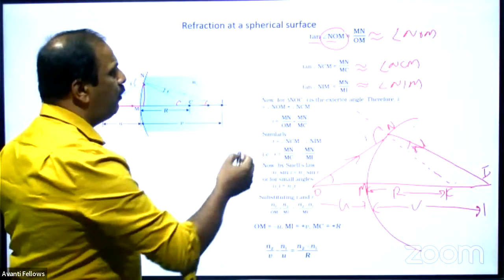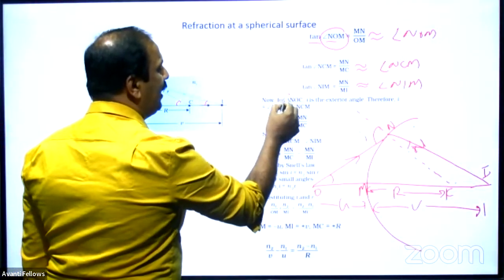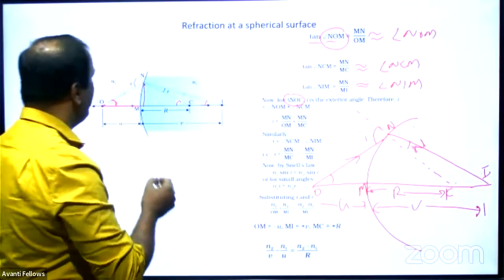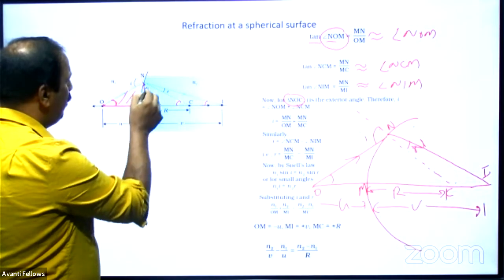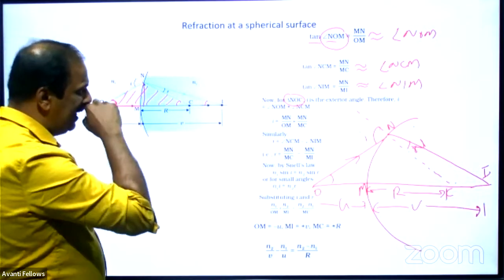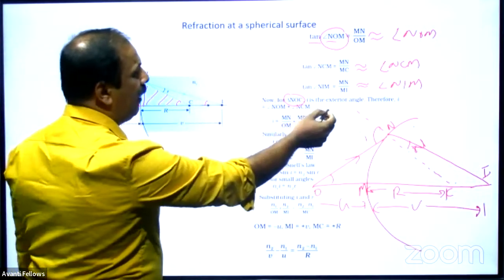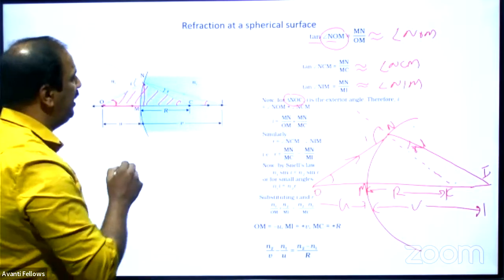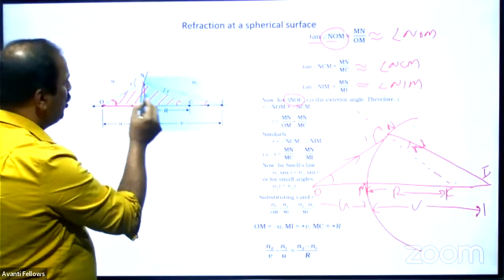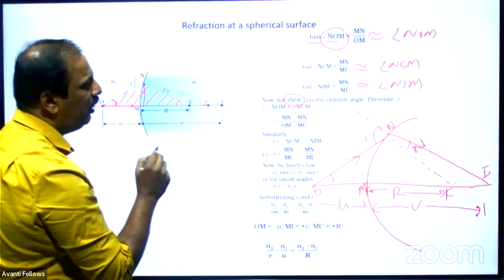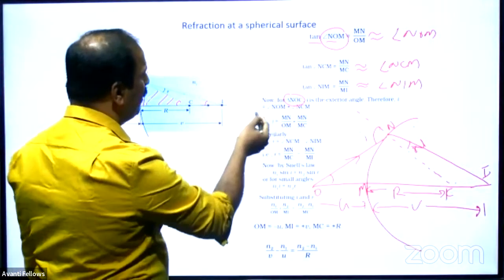Now you see here, for the triangle NOC, that is for this triangle NOC, this angle I is the exterior angle. If you add these two, you should get this I. So what we can write?